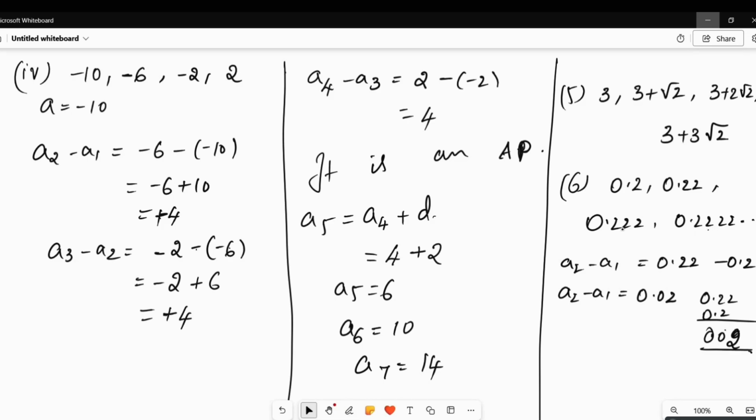Next, this minus this. So what will you get here? Since you will not have the common difference, it is not an AP.